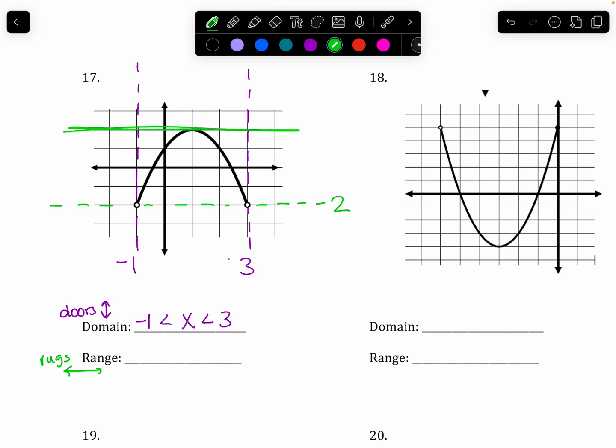There is not an open circle there. So what we do is we assume that it is a closed circle, which means that my line will be solid. So I do still have a starting and an ending point on this graph. It's just a different shape than the linear ones that I was looking at. So this is going to be negative 2 is less than y, which is less than or equal to 2.